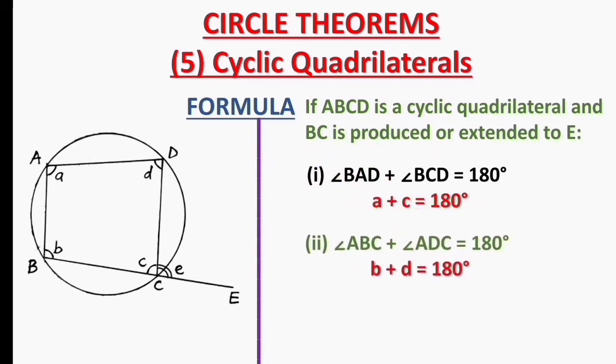Second formula is the opposite angles, again angle B and angle D, are supplementary, which will add up to 180 degrees.